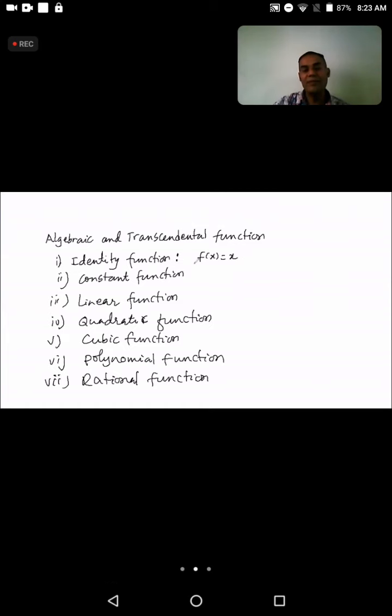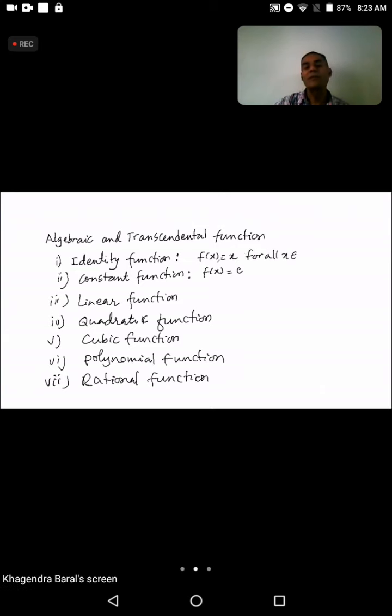And the next one is constant function. Under the constant function, the image of any element is constant. So we can define this function as the function defined by the formula f of x is equal to c for all x in the domain of the function f.